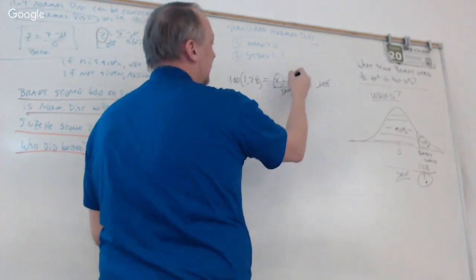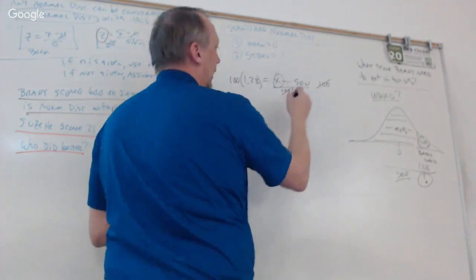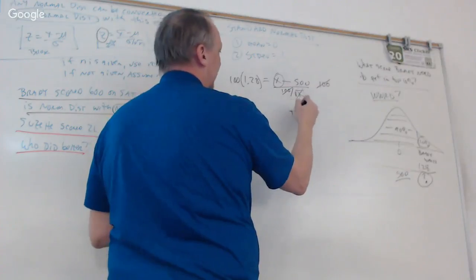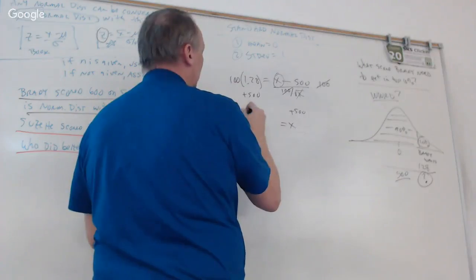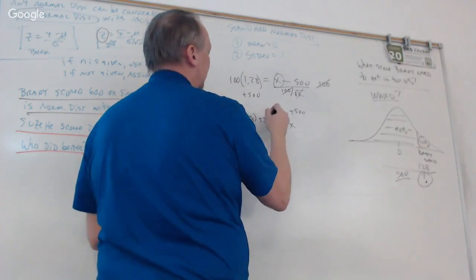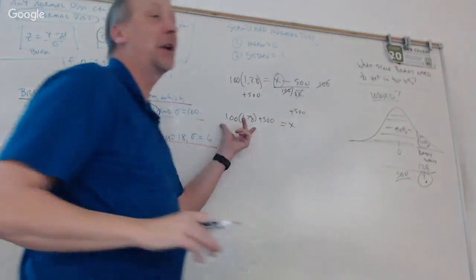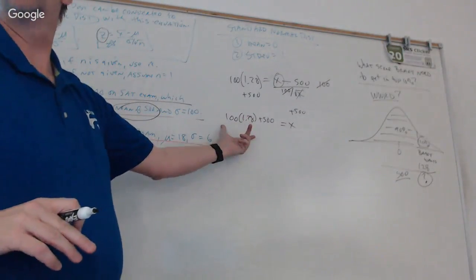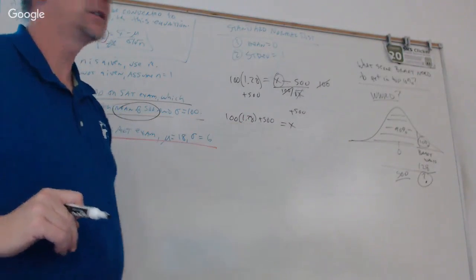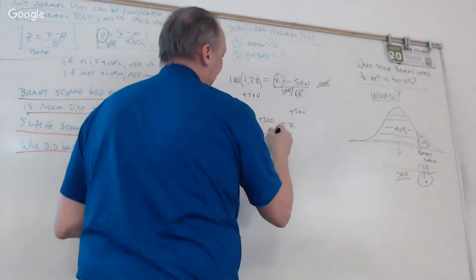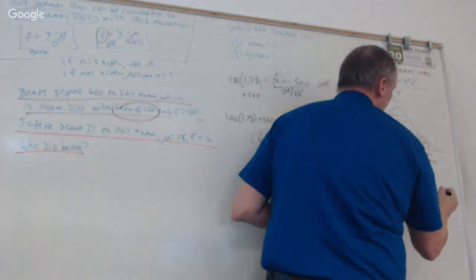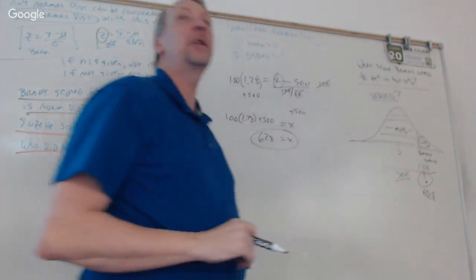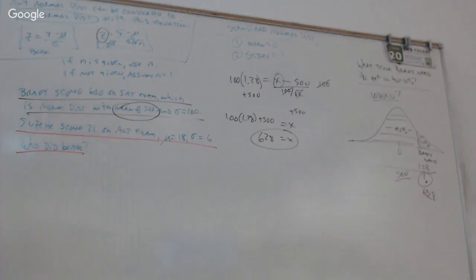And then I'm going to add 500 over to the other side. So x equals 100 times 1.28 plus 500. 100 times 1.28 is 128, plus 500 is 628. So Brady has to get a 628 or higher in order to be in the top 10%. Does that make sense?